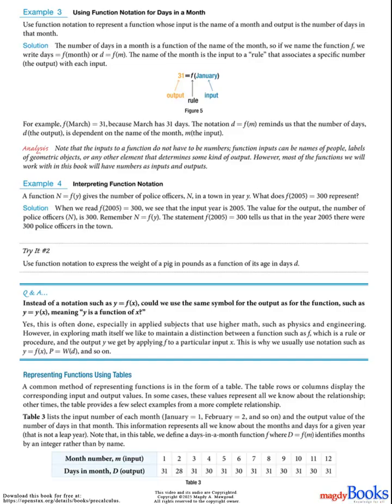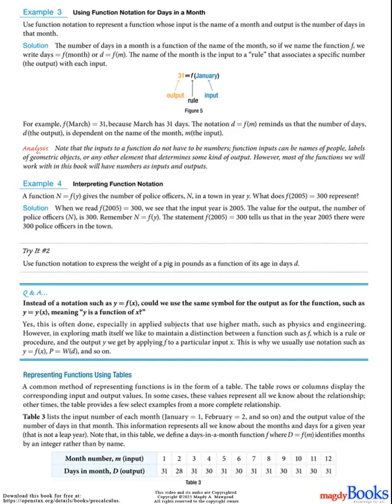Table 3 lists the input number of each month: January equals 1, February equals 2, and so on, and the output value of the number of days in that month. This information represents all we know about the months and days for a given year that is not a leap year. Note that, in this table, we define a days-in-a-month function f, where d equals f of m identifies months by an integer rather than by name.